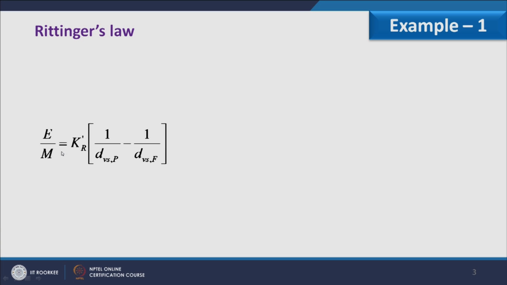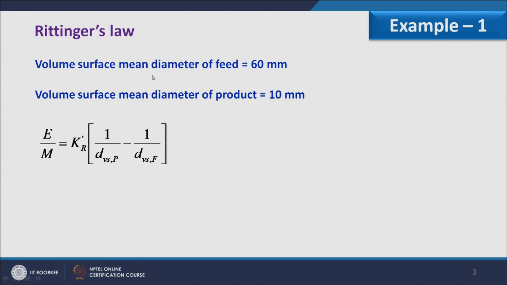In this particular example, as we are given only the feed size and not the distribution, we cannot use Rittinger's law in terms of specific surface; we have to use it in terms of Sauter diameter, or volume surface mean diameter. So, whatever values we are given for feed as well as product, we can assume as the volume surface mean diameter.